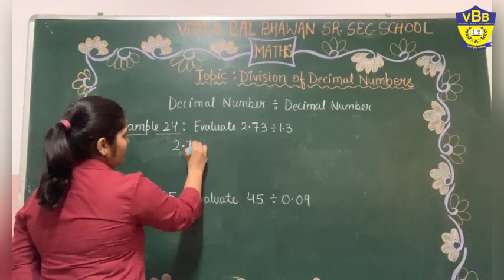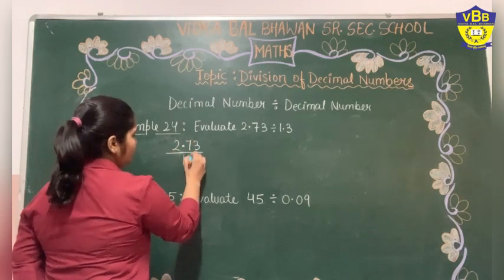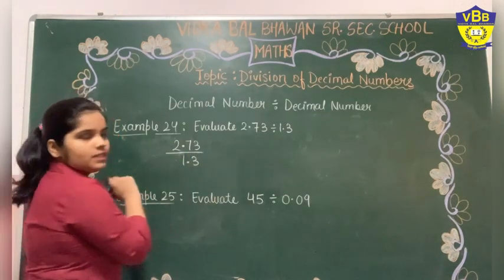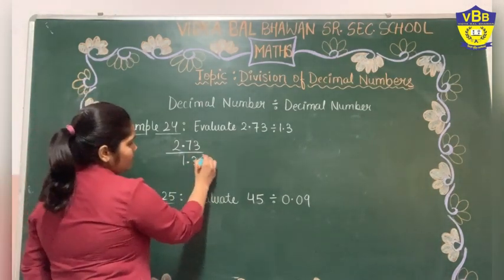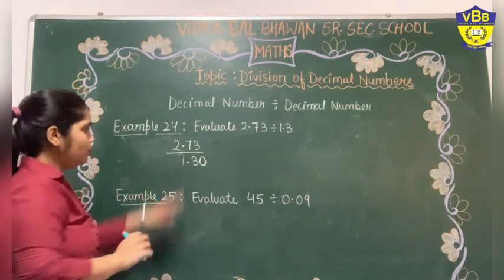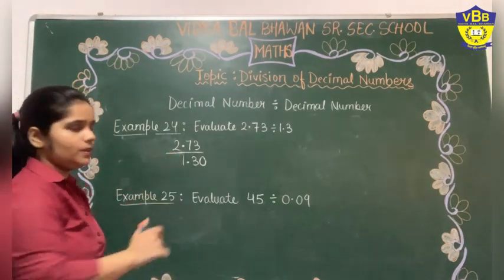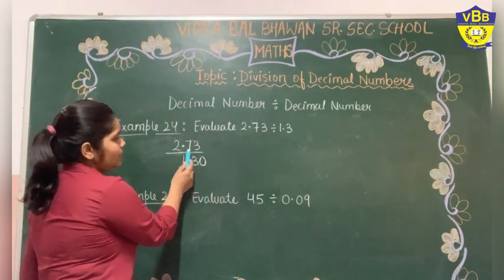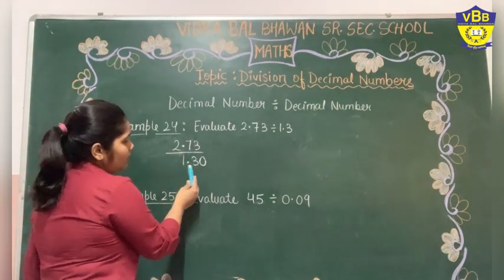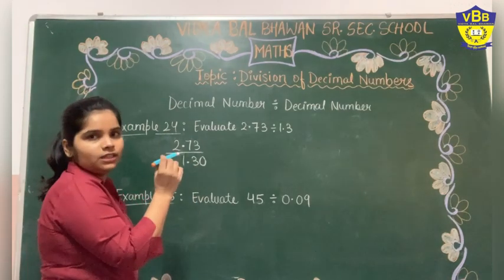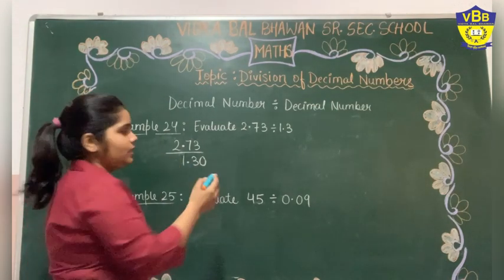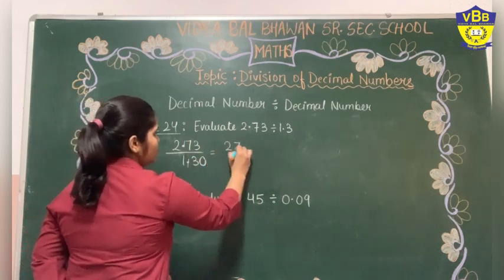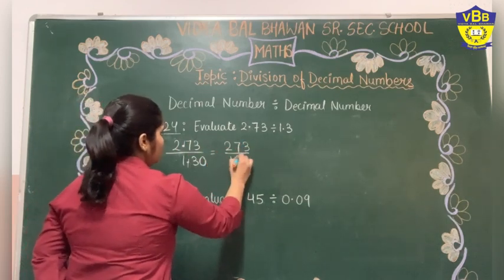How will we make 1.3 like 2.73? By adding a 0. Now both numbers have two decimal places: 2.73 has two digits after the decimal, 1.30 has two digits after the decimal. Now you can cancel out the decimals of the two numbers. It will become 273 divided by 130.